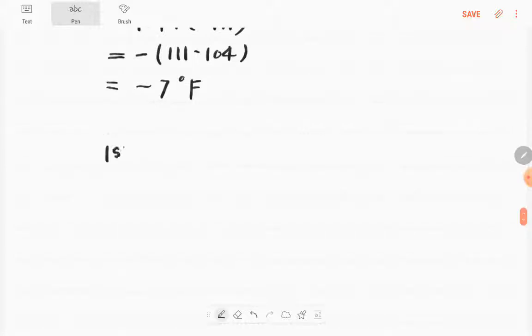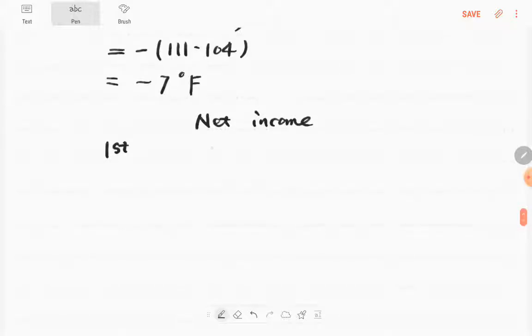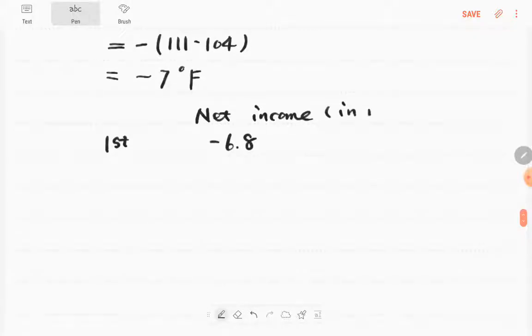Okay, the first quarter, the net income is negative, so in million, negative 6.8 million. Negative number means the company actually do not earn money, right? They earn less money than what they spend, so they lose money actually.